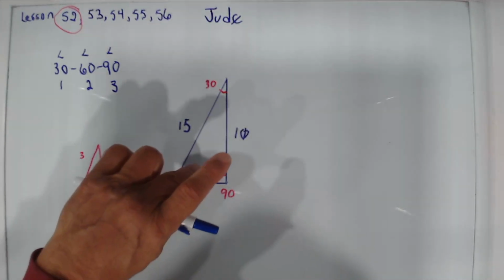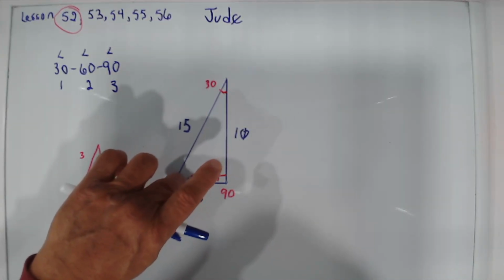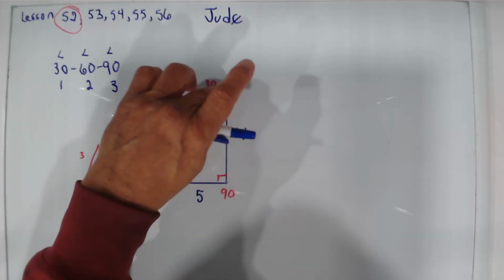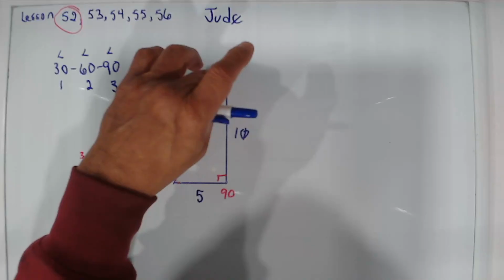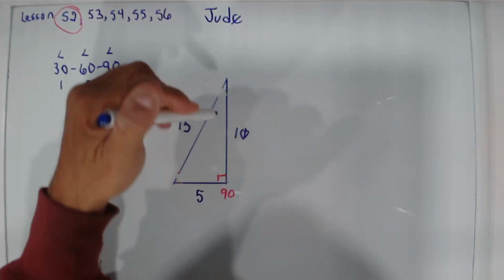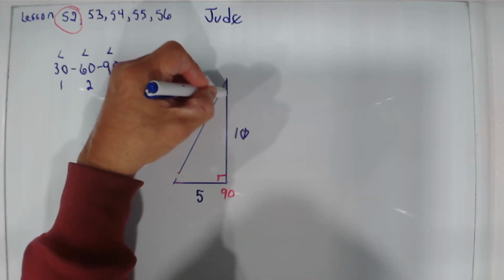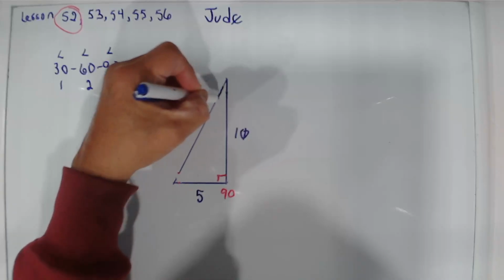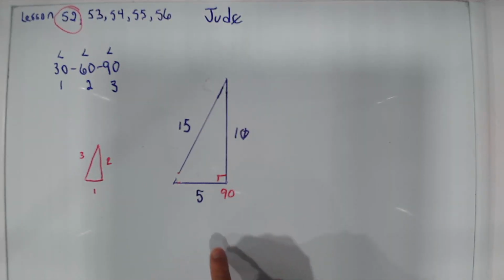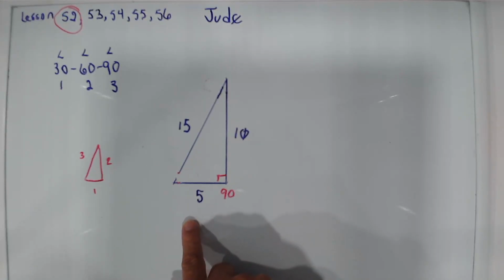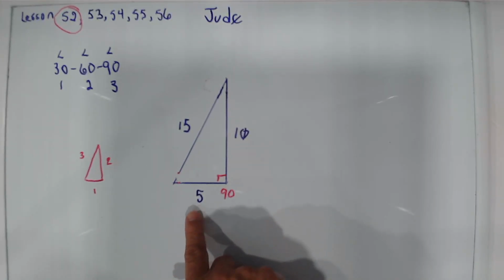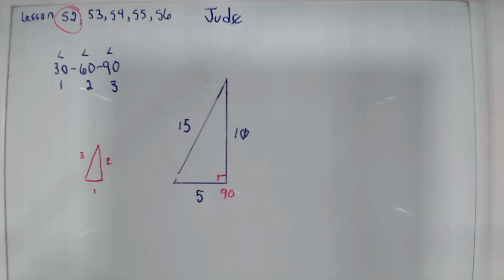Let's say we didn't know what these angles are, and we only knew one angle. They told us that the angle was 90 and the sides were 5, 10, and 15.